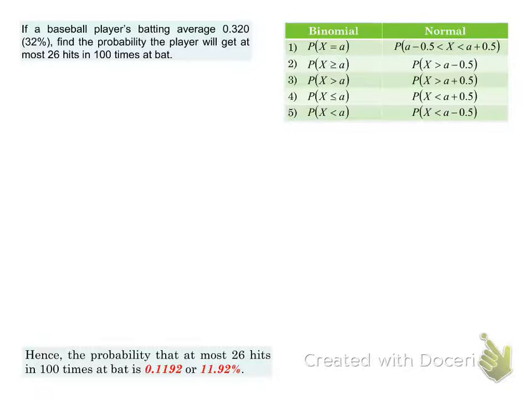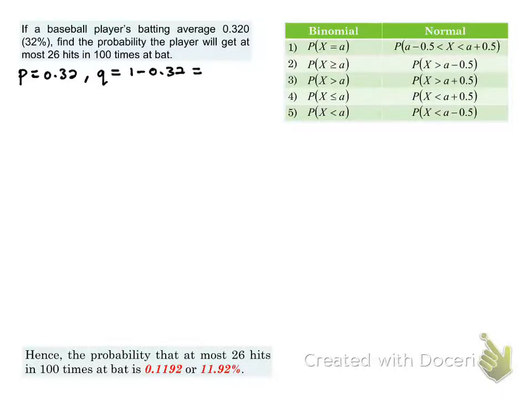So what is the information given here right now? P, the event of interest, is 0.32, right? Our Q will be what? 1 minus 0.32.